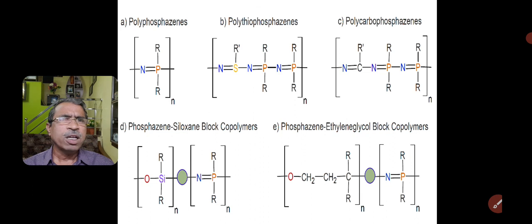Instead of sulfur, we have carbon in the chain. We have phosphazene ethylene glycol block copolymers. So these are all the various structures I have shown regarding the inorganic polymers.